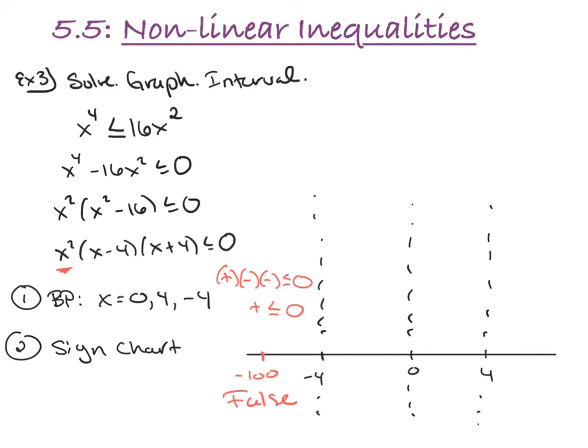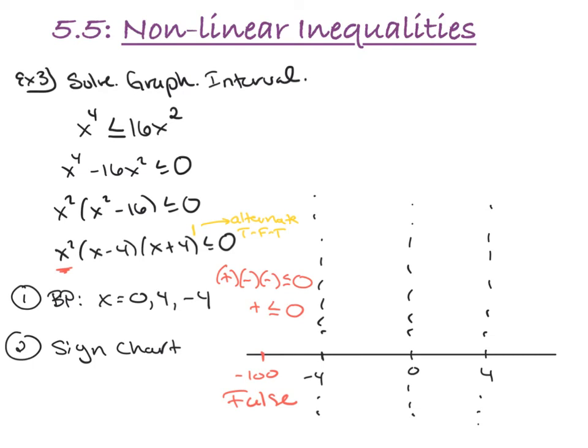Okay, now if you want to use the shortcut, look at the x value you have here for your boundary point, negative 4. That came from x plus 4. Since the exponent on the x plus 4 factor is odd, then it will alternate true, false, true, and so on around x equals negative 4.